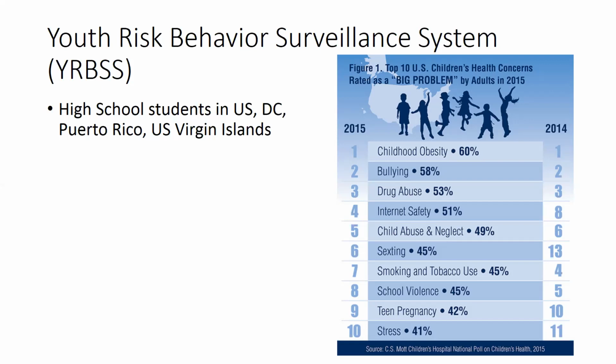So childhood obesity keeps emerging as being important, bullying, drug abuse, internet safety, child abuse, sexting. So slightly different questions for our younger people, again, focused on anything that might put their mental or physical health at harm.